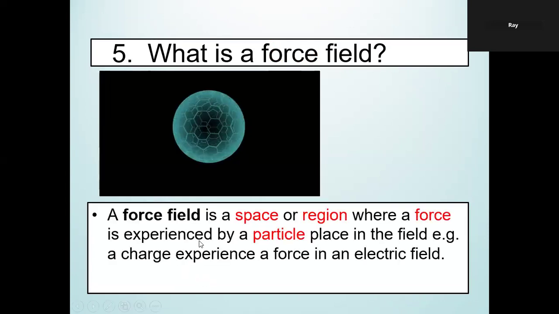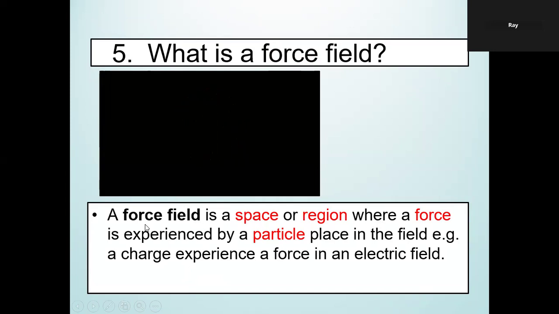A force field is a space or region, memorize, where a force is experienced by a particle placed in the field. Example, electric force is a force in an electric field. So that is your region. If it's an electric field, you put a charge there, it experiences a force. That's what it means by a force field.